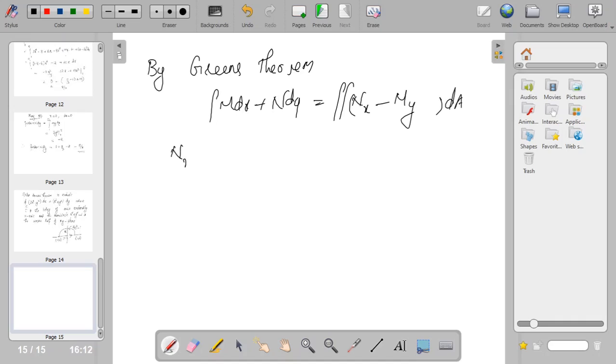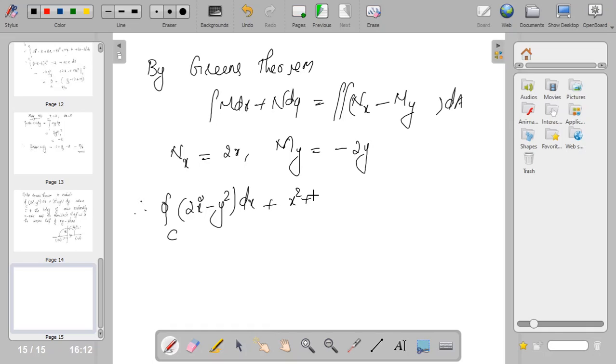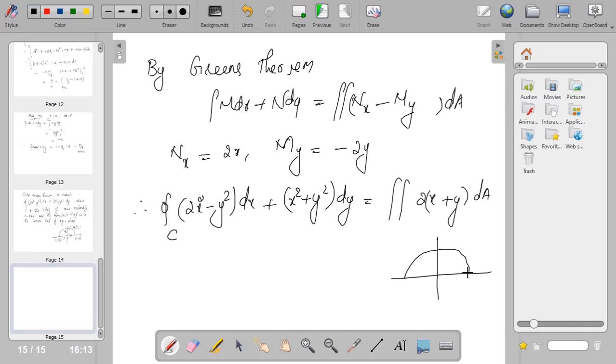So you have nx equal to 2x and my is minus 2y. So therefore the integral over c will be equal to double integral 2x plus 2y dA. Now you need to integrate over the semicircle.